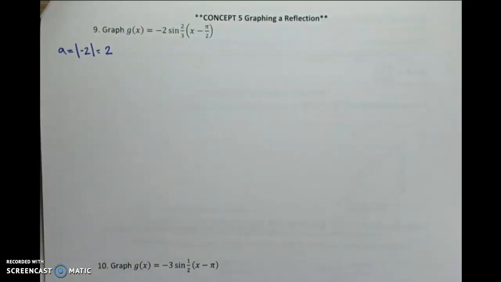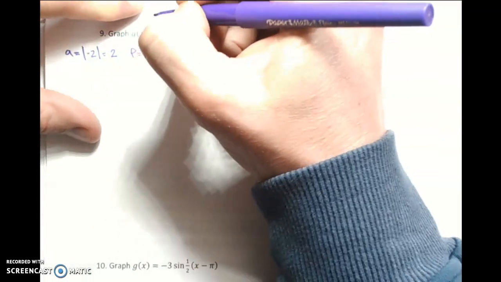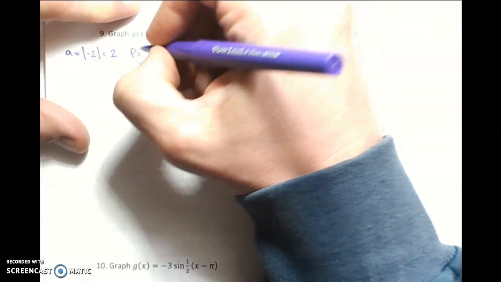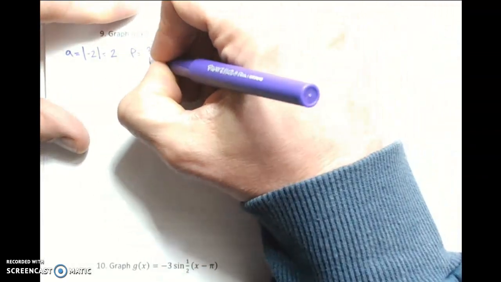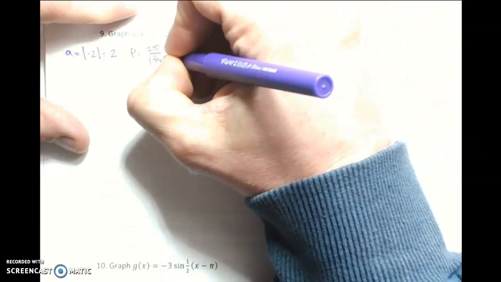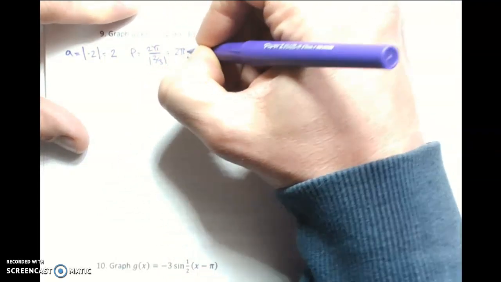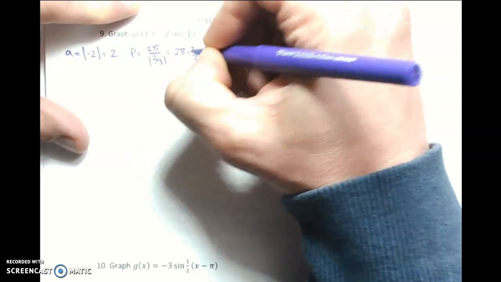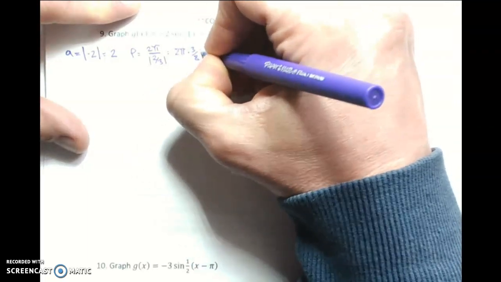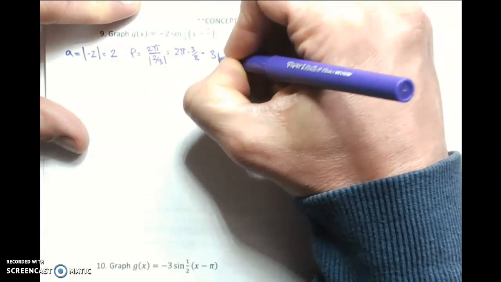Next, P, period. That is 2 pi over my b, which is 2/3. And I can do copy dot flip: 2 pi times 3 over 2. And that will cross cancel those 2's, and I get 3 pi.